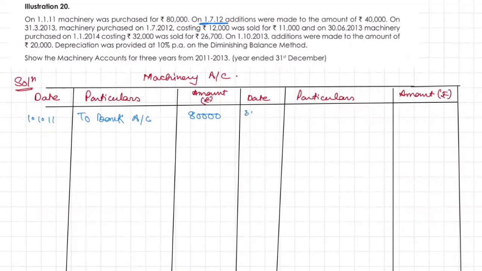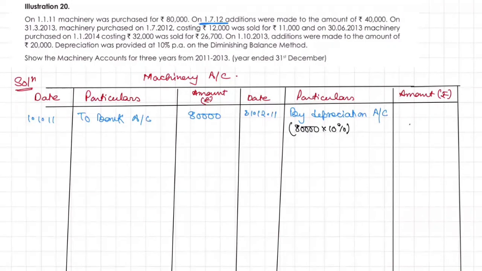So on 31st 12 2011, what will be done? A depreciation will be charged by depreciation account. It is a diminishing balance, no matter, but it is the first year, correct? So I'll show the calculations over here only. It will be 80,000 into 10%.